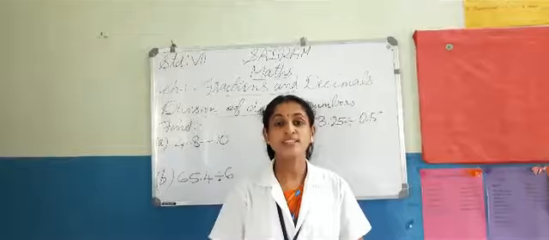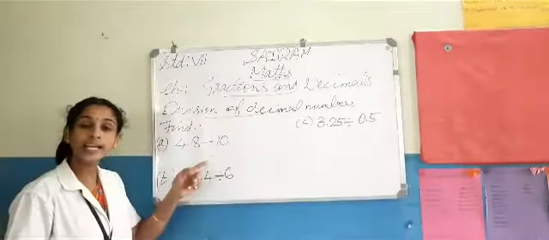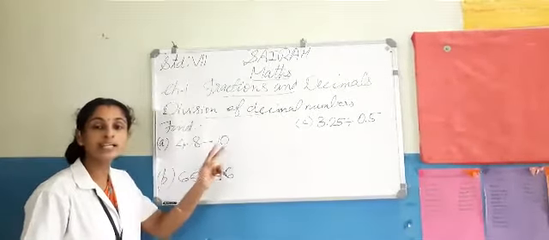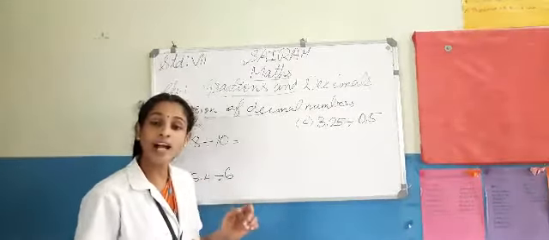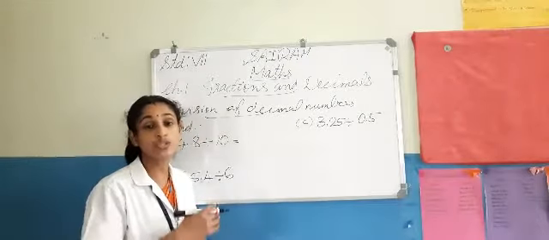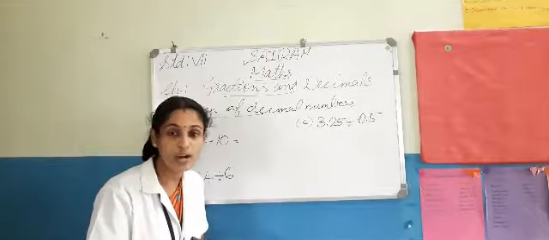Now we have to check some more examples. The first question here, 4.8 divided by 10. We want to divide 4.8 by 10. We already discussed a decimal number divided by 10. We move the decimal point to the left as many places as there are zeros over 1.